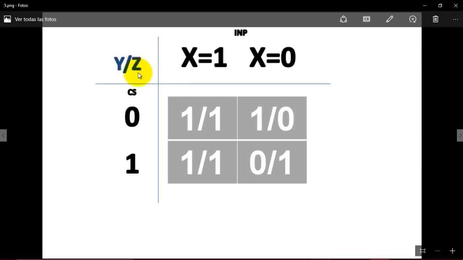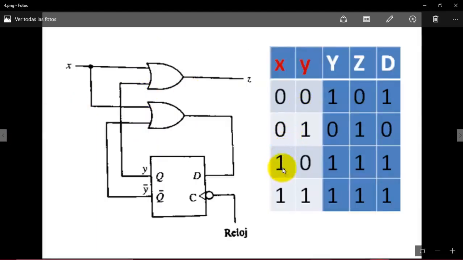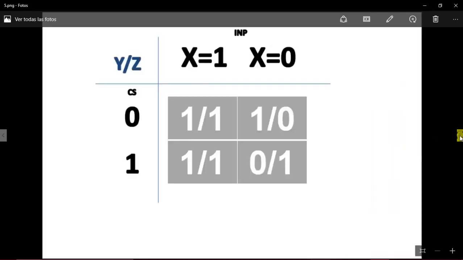So first, when we have an input x equal to 1 and our current state equal to 0, which is here, we are going to have a 1 over 1, because in the middle of our state table we are going to have x over Z. For that, we have 1 over 1, that it's here.